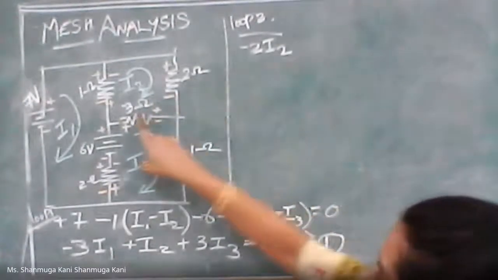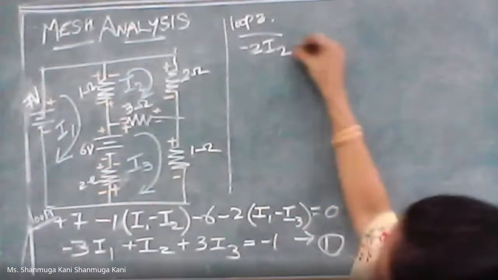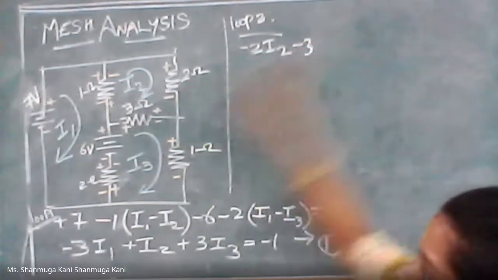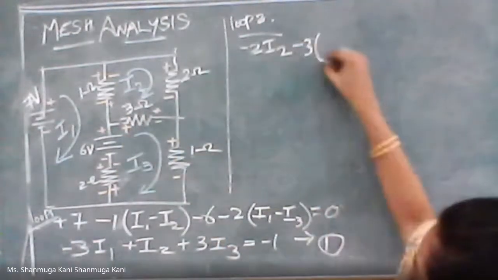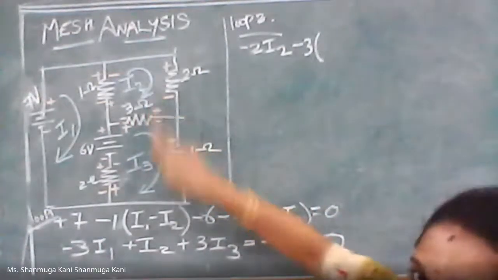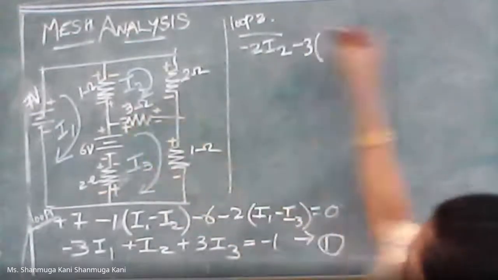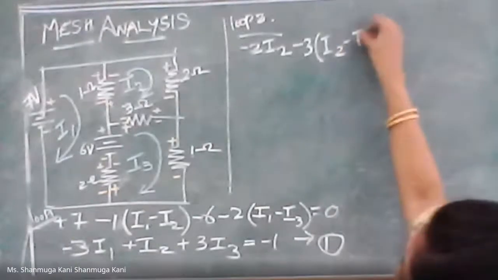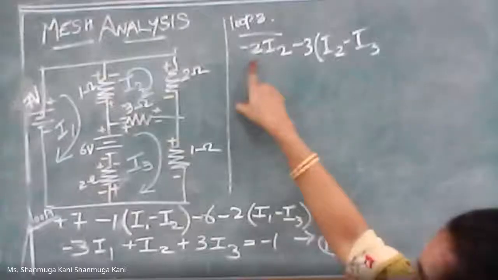Now the leading sign for the 3 ohm resistor is minus, so -3 into what is the current? It is common for loop 2 as well as loop 3, so you have to write it as I2 minus I3. What is the I3 value? 2 I3.